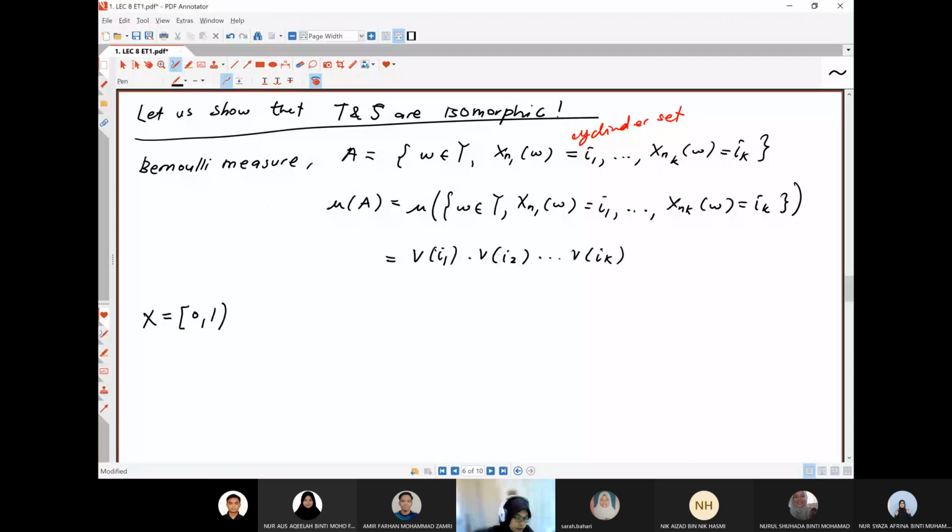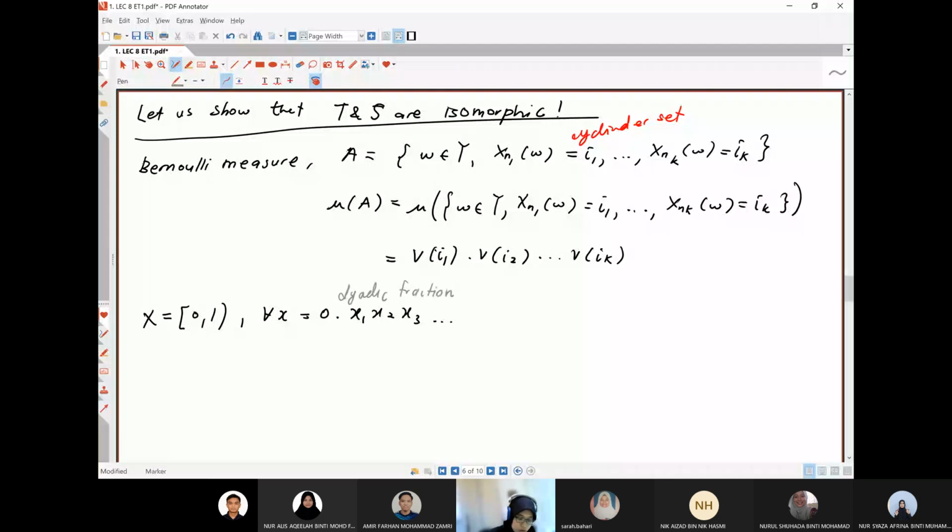So you have a segment from 0 to 1, and for any x, you can define the coordinates as 0.x1, x2, x3, and so on. We call this the dyadic fraction.